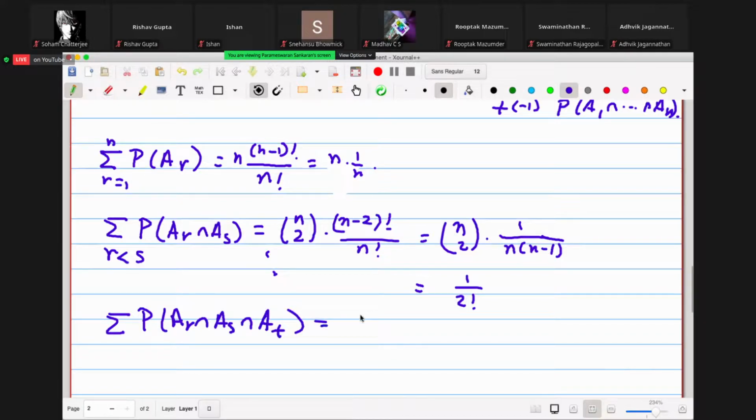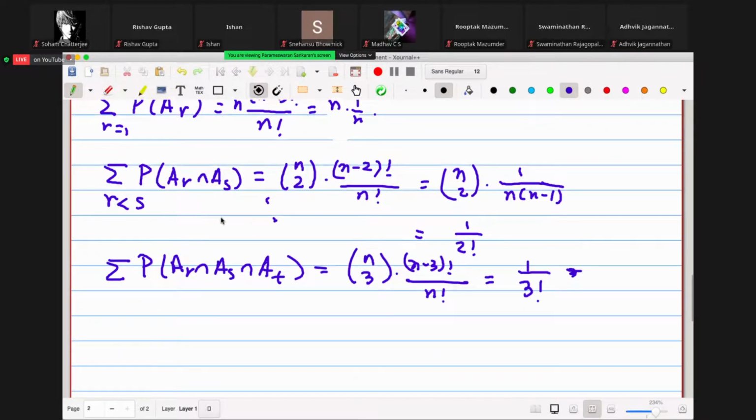This is equal to exactly n choose 3 times n minus 3 factorial divided by n factorial. That will simplify to 1 by 3 factorial, right? And so on.